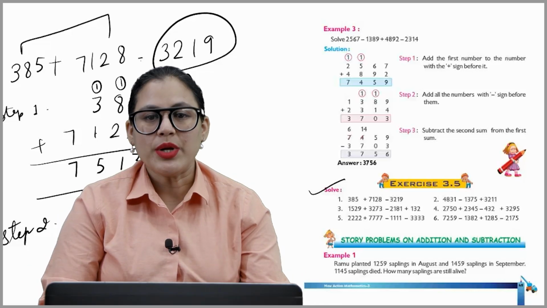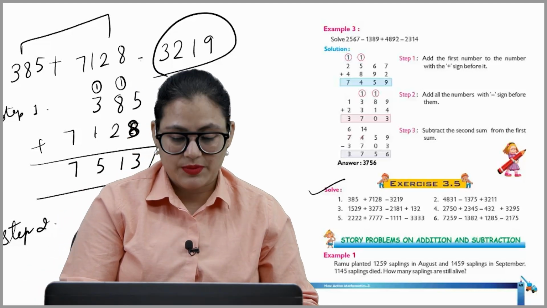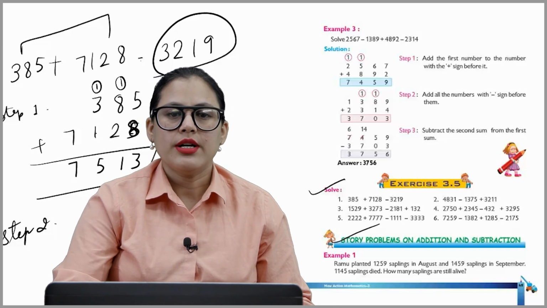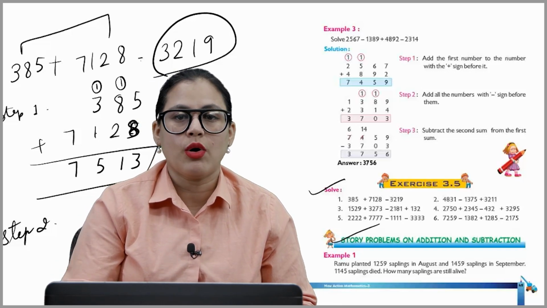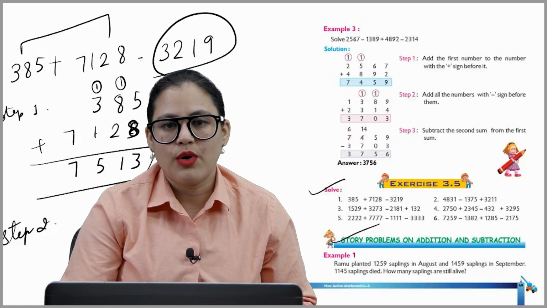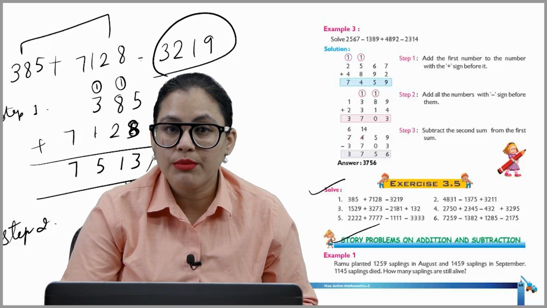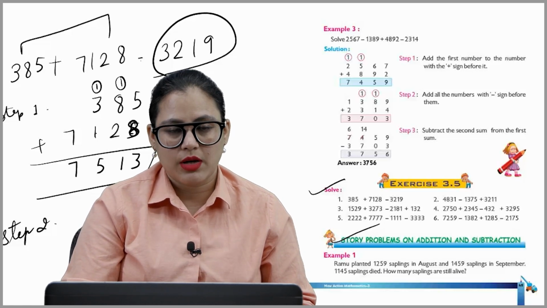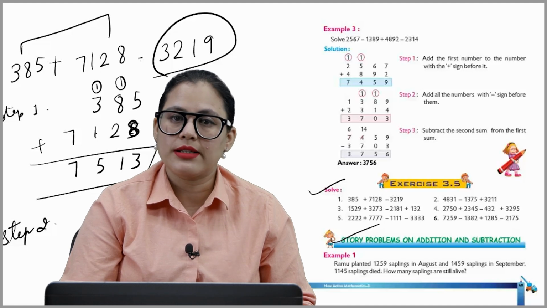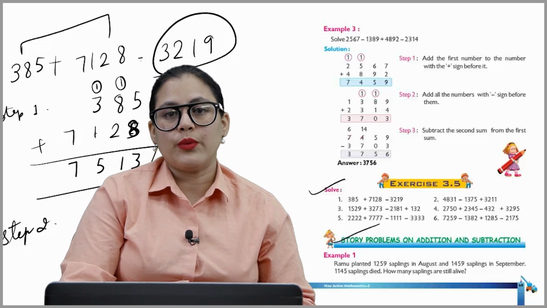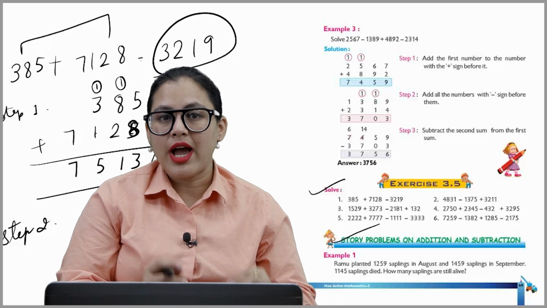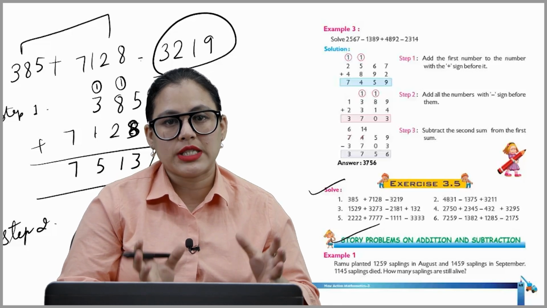Now, story problems on addition and subtraction. Example 1. Ramu planted 1,259 saplings in August and 1,459 saplings in September, and 1,145 saplings died. How many saplings are still alive? First, we will find out the total number of saplings.